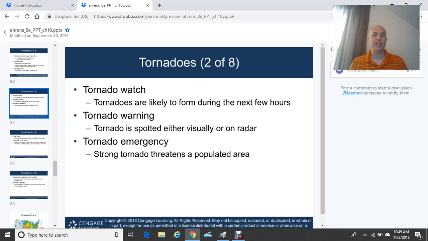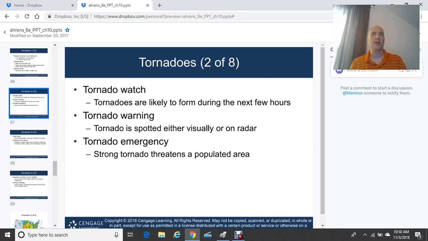Tornado emergencies occur generally when you have a strong tornado threatening a populated area. An example is Oklahoma City, Oklahoma. Google Oklahoma City tornadoes, and you will see some amazing video footage that people have made of some very long-lasting tornadoes that have moved through Oklahoma City or the surrounding more populated suburb areas, and it is incredible to watch.